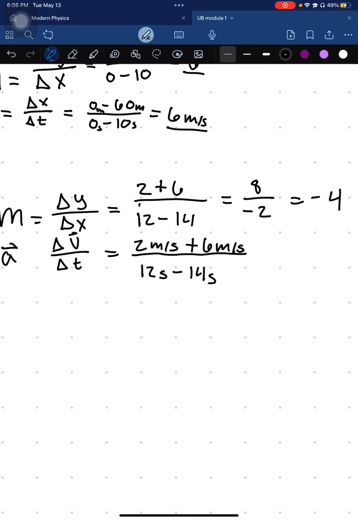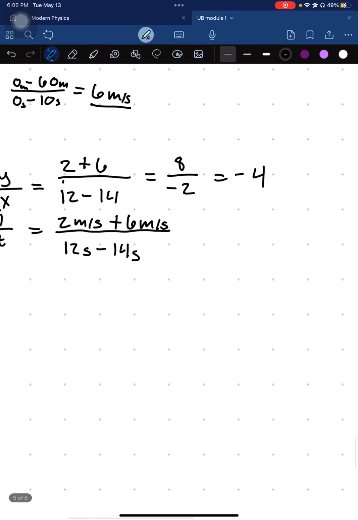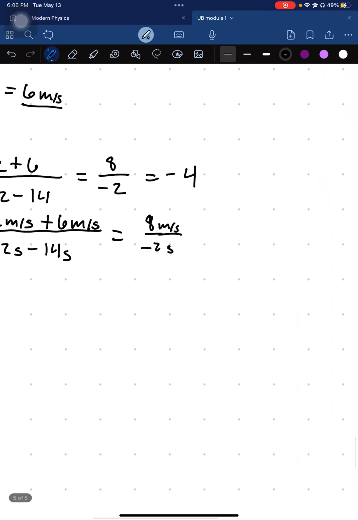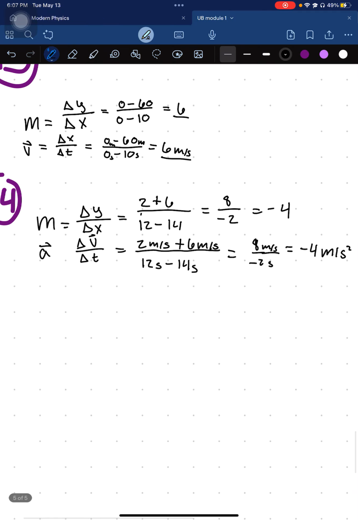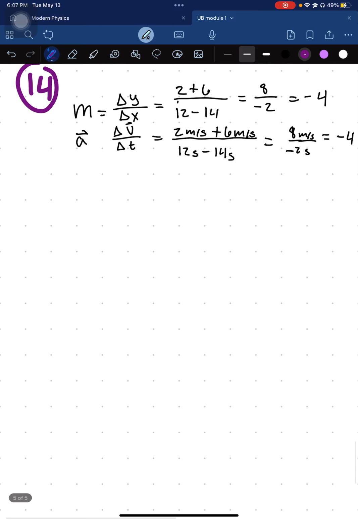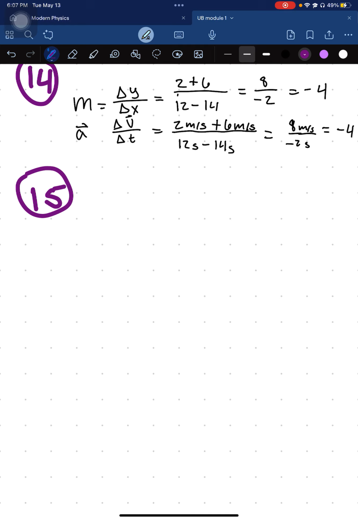Technically, final should be minus initial, so I am doing this backwards, but it is still going to work out since I am doing it the same way each time. I just have a habit of doing that. So again, this is 8 over negative 2 meters per second, and that's going to be negative 4 meters per second squared. And so as you can see, the slope of our velocity versus time graph is going to be our acceleration. Pretty awesome.